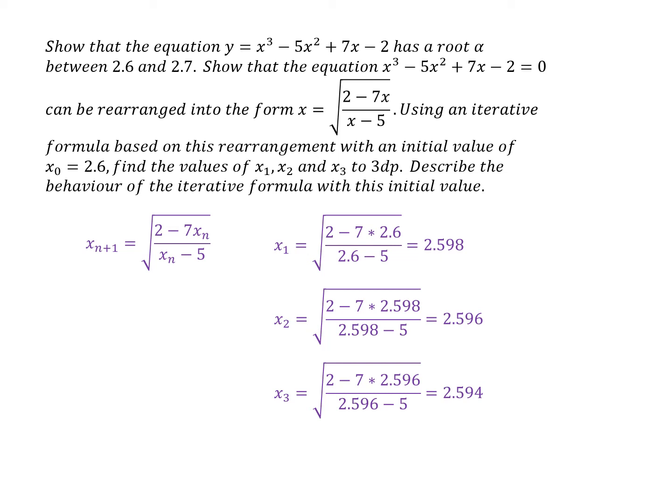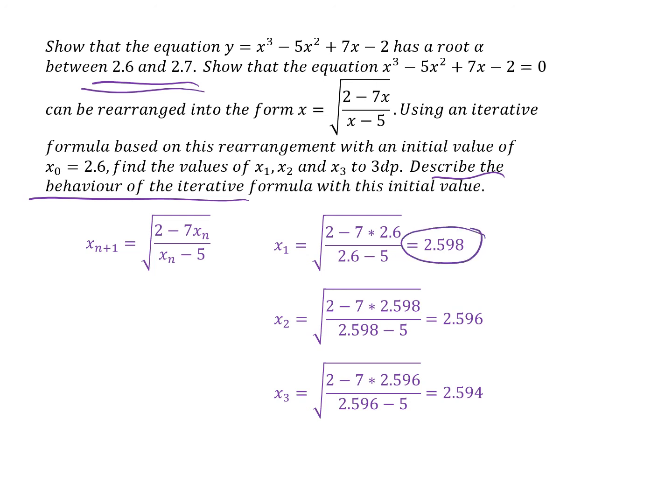And finally, we've got to describe the behavior of the iterative formula with that initial value. Well, we're trying to find the root that lies between 2.6 and 2.7. This value here is less than 2.6.